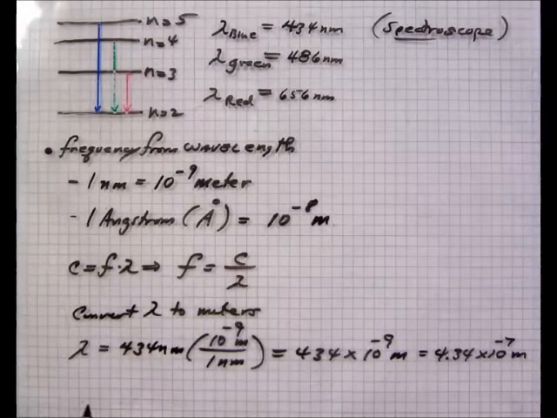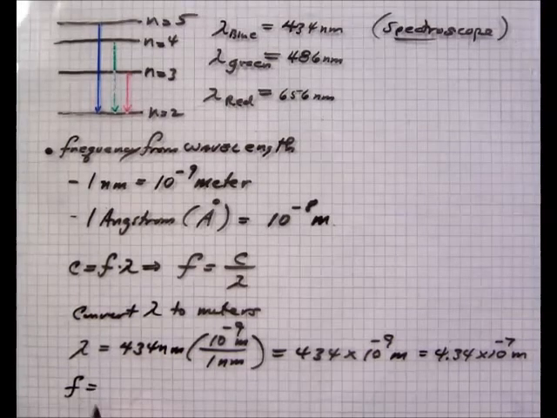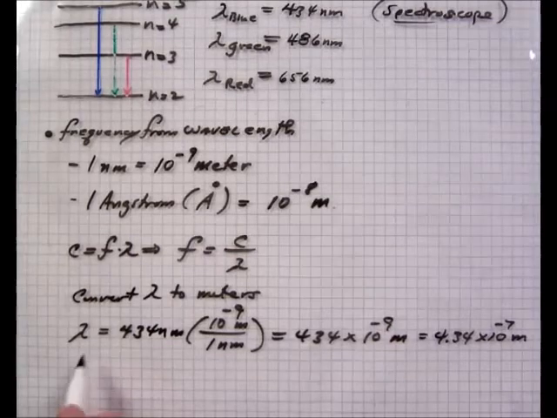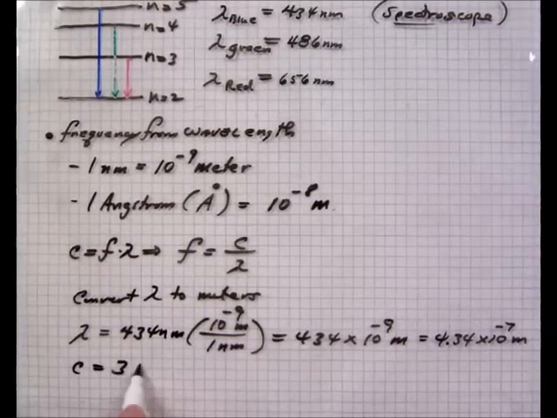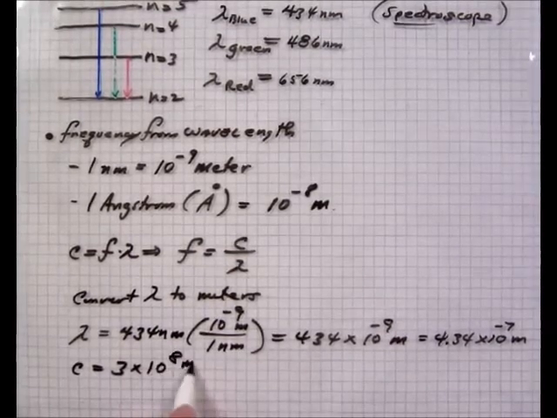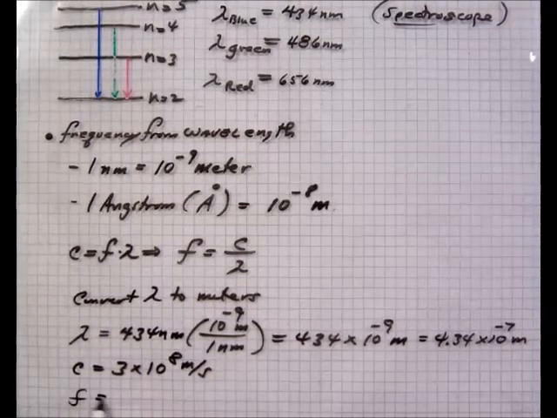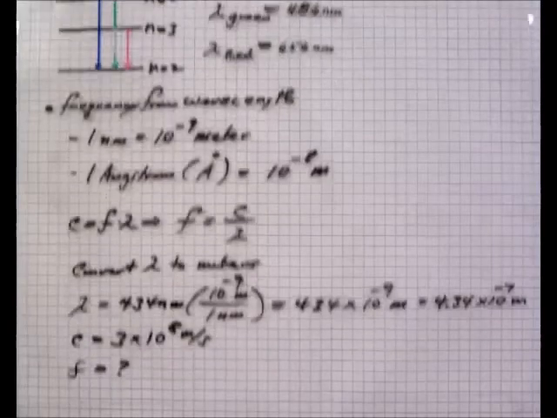That's the wavelength. Now, if we want to calculate frequency, we have to have the speed of light. C equals 3 times 10 to the 8th meters per second. So we're in the same units, and the frequency is the unknown quantity.